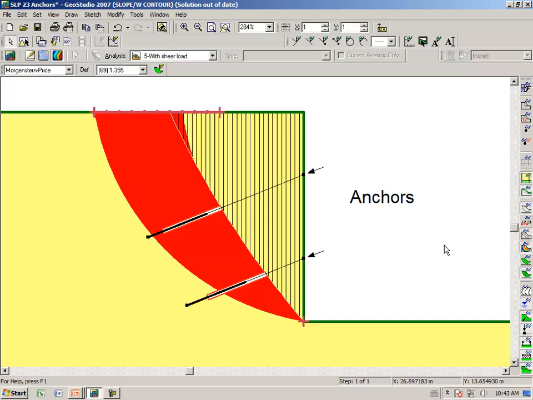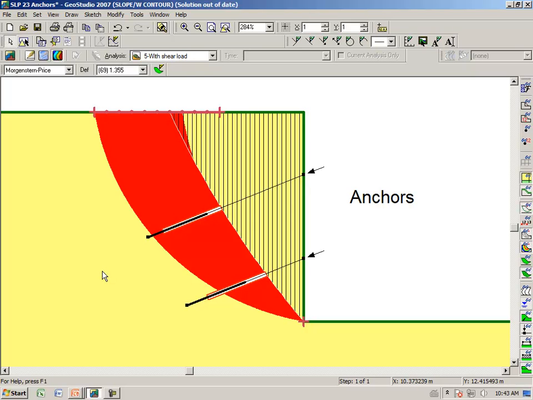So that means that there is a large zone where there are potential slip surfaces, and while the range here from 1.35 to 1.45 is quite large, it does point out the fact that there are multiple potential modes of failure that have similar factors of safety.